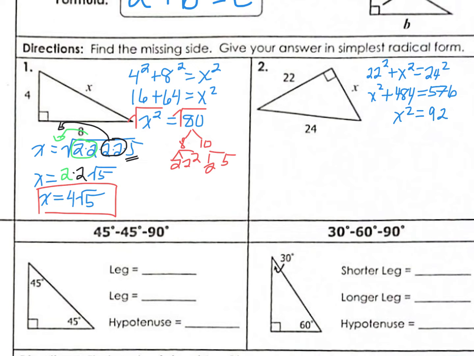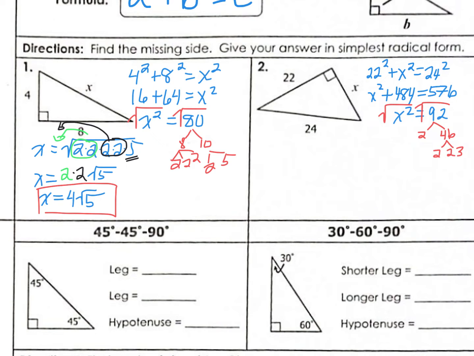So again, we're going to take the square root of both sides to solve for x. And we are going to have to prime factor 92 to simplify this radical. So I know that 2 goes into 92 46 times, and then 2 goes into 46 23 times, and 23 is prime.